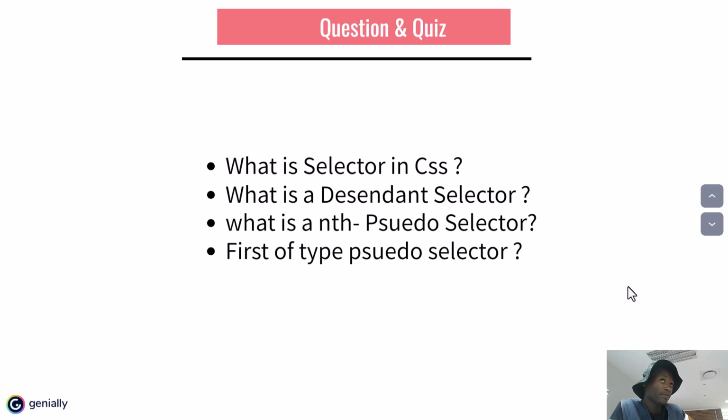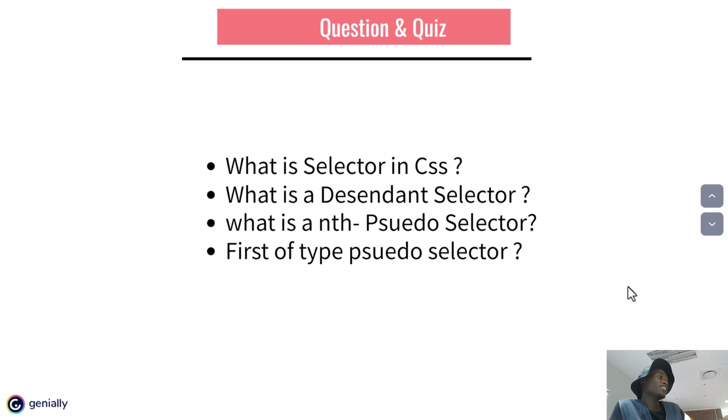Who can tell us about the first-of-type pseudo selector? I spoke about everything besides the selector. Okay, the first-of-type pseudo selector. Anyone? Okay. So let's say you have an ordered list that has 4 nested list items.